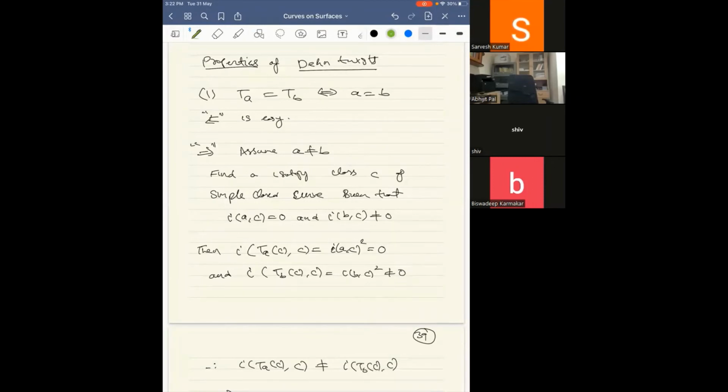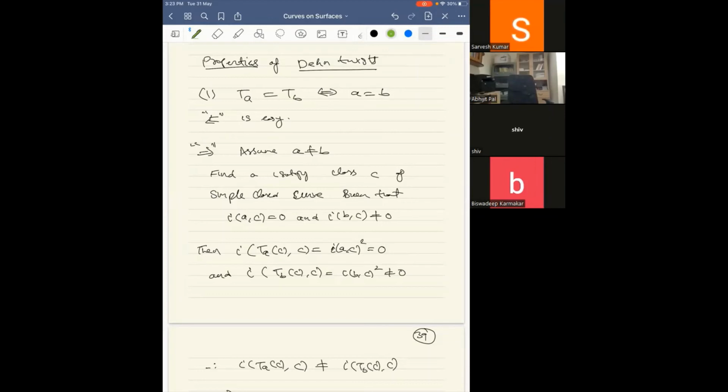For this, you can find an isotopy class c such that the intersection number of a with c is 0 and the intersection number of b with c is non-zero. This can always be done. You can consider different cases here.